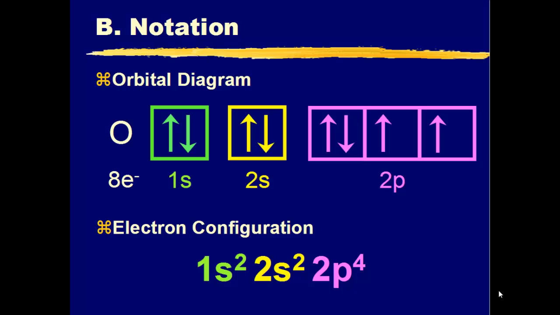The big numbers in front of the letters represent the energy level. The letter represents the type of sublevel, and then the numbers that look like exponents tell you how many electrons are in each one of those sublevels.